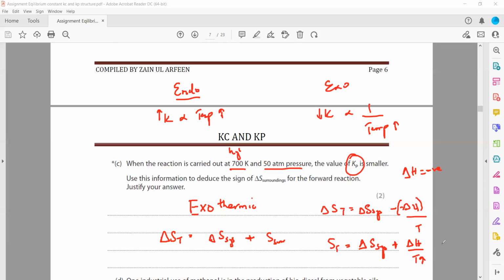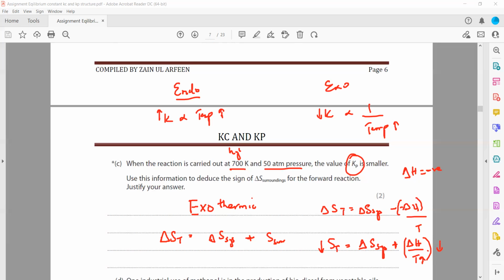When the reaction is exothermic and we increase the temperature, the entropy of the surrounding will decrease. Because the system is constant and the surrounding is decreasing, the sum of system plus surrounding will also decrease.